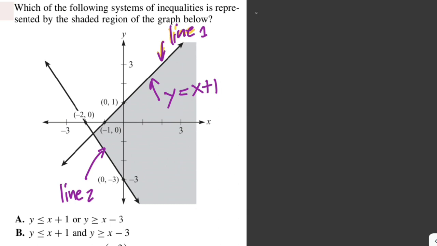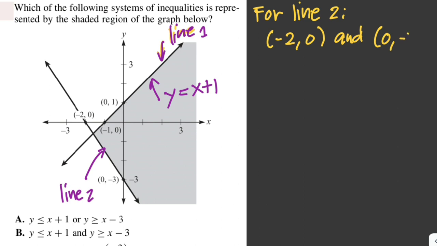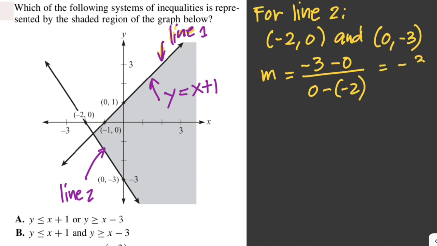Now let's solve for the equation of line 2. We're given 2 points here: (-2, 0) and (0, -3). Again, we can solve for our slope. That is -3 minus 0 over 0 minus -2, which is just equal to -3 over 2.